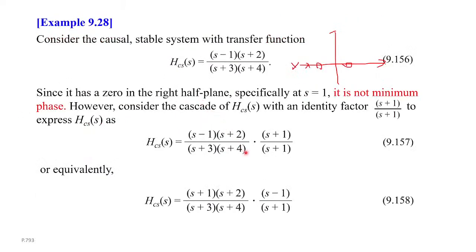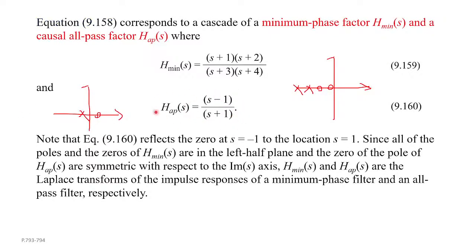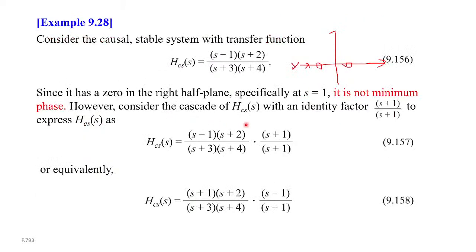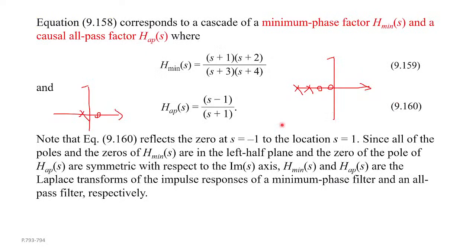But we are multiplying it with an extra factor, which is s minus 1 over s plus 1. This thing has a zero at 1, inherited from the zero at 1 at the very beginning, and also a pole at -1. So it has this symmetric pole-zero pair, and it's an all-pass system.